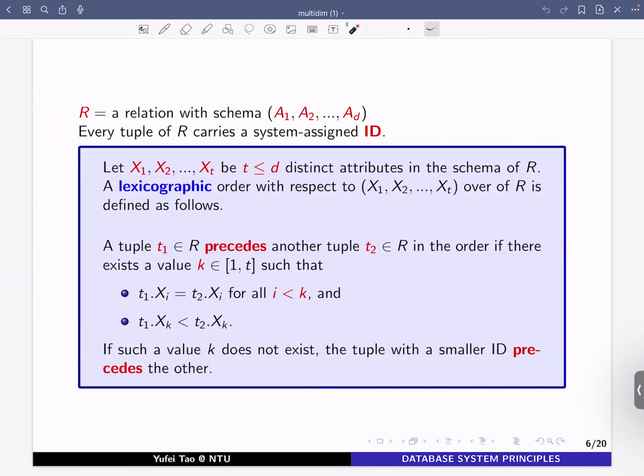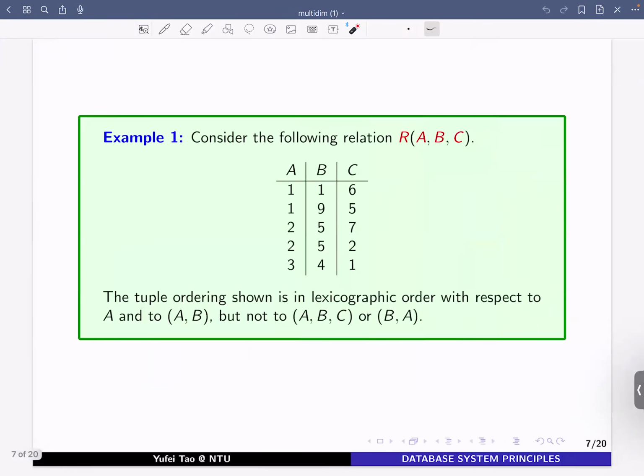This slide defines something very important: the lexicographic order over the tuples of a relation. You see a lot of math here, and it appears to be intimidating. So let's get some ideas from an example first, and then we go back to the definition.